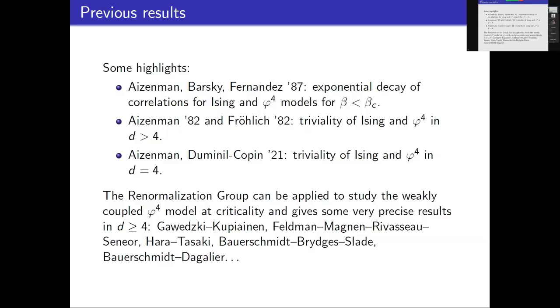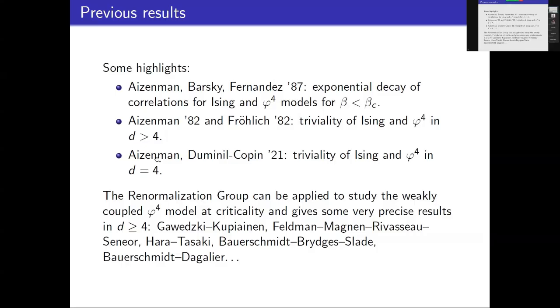So the scaling limit is some Gaussian field. I think it should be the GFF, Gaussian free field, a continuum one with a certain covariance structure. Yeah, so this was proved in dimension 5 and above by Aizenman and Fröhlich.